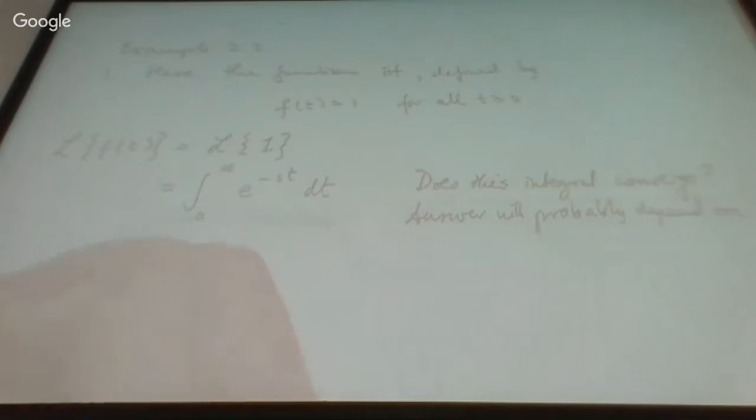Okay. Now s is actually taken to be a complex variable, so we could let s be a plus ib, where a and b are both real.